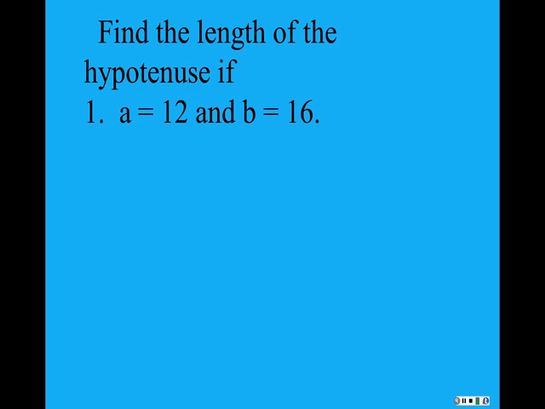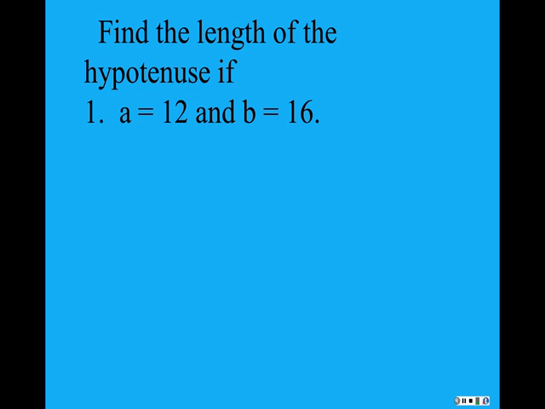What's 12 squared? 144. What's 16 squared? So what is 144 plus 256? And then how am I going to find out what C is if I'm squaring C right now?